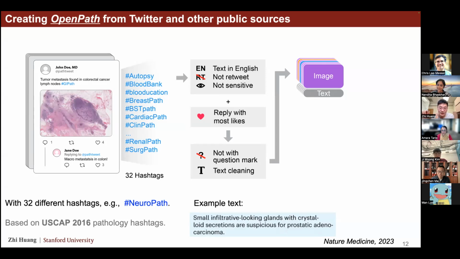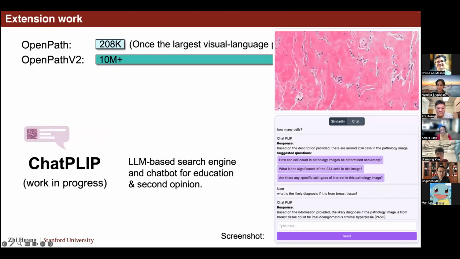Just one sentence describing the whole slide image, which is really not specific to a region of interest. So to get region of interest level annotation, it's better to use Twitter or other internet sources, right? Yeah, but we are trying very hard to expand our data set to OpenPath v2. We're trying to incorporate all those potential data together.